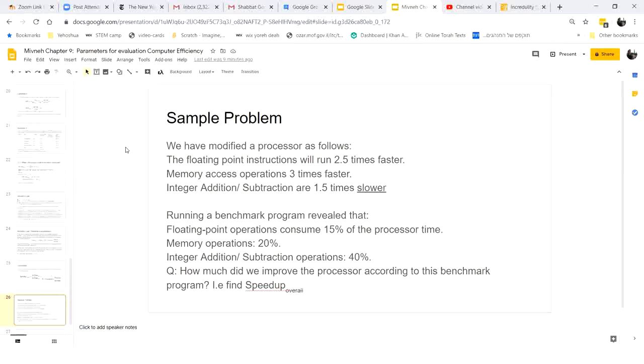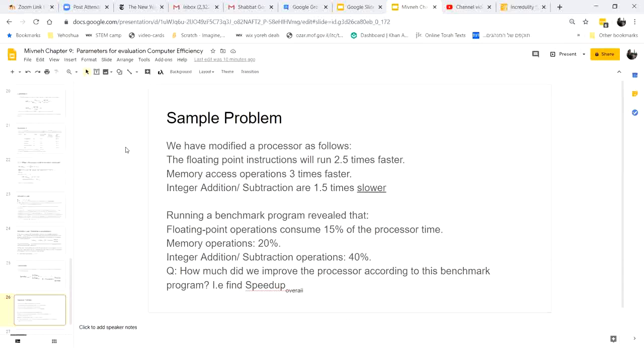But so it's the program we check it with, we're going to have to figure out the distribution of all the various commands. You see that this example is a little more complicated because we're not just talking about one part getting sped up while the other part remains the same. We're talking about several parts.